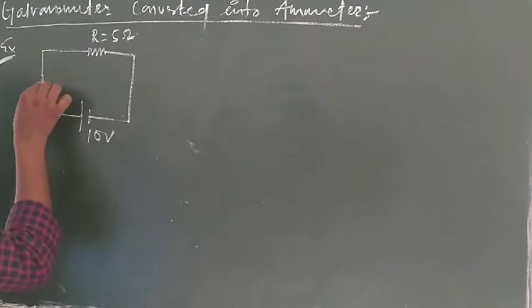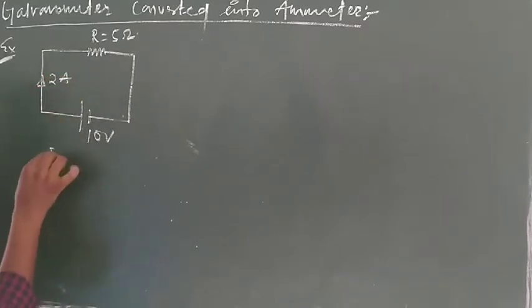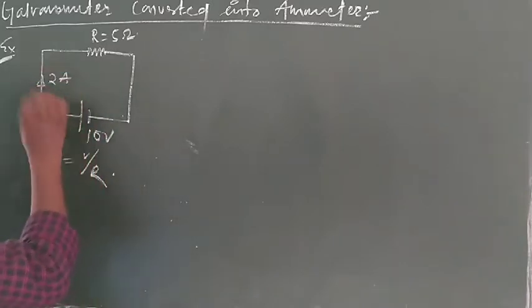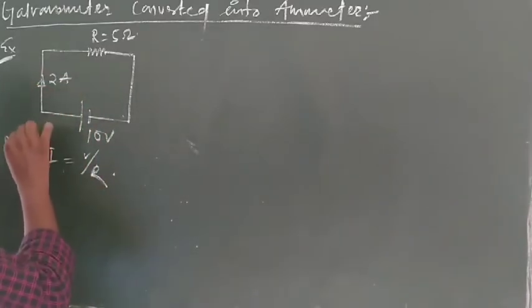So the current flowing through the circuit is 2 ampere, because I equals V by R. Total potential difference or total EMF divided by total resistance gives the current, I equals 10 by 5, equal to 2 ampere. This is a mathematical calculation.